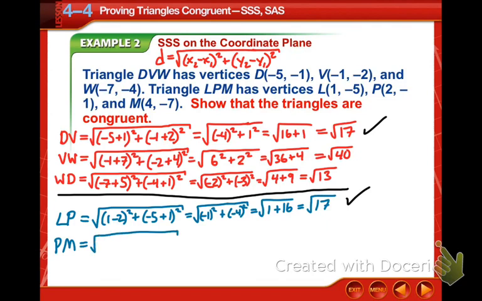Here, our x values are 2 and 4, so 2 minus 4. And our y values are negative 1, negative 7, so negative 1 minus negative 7.